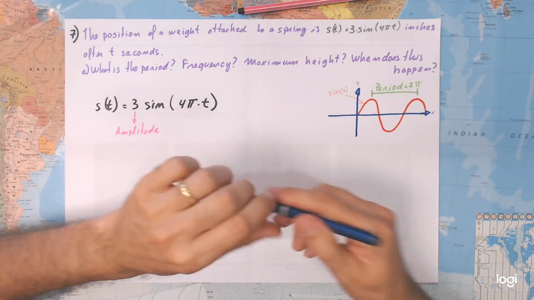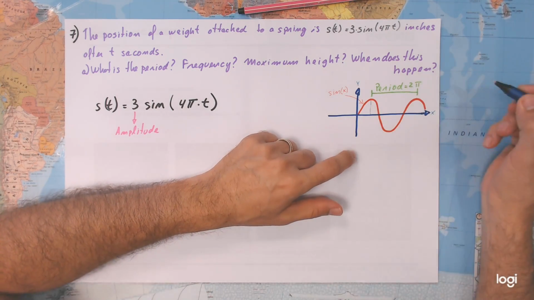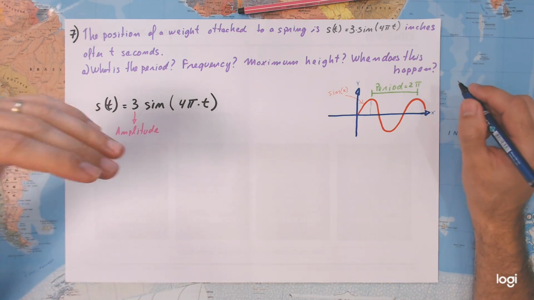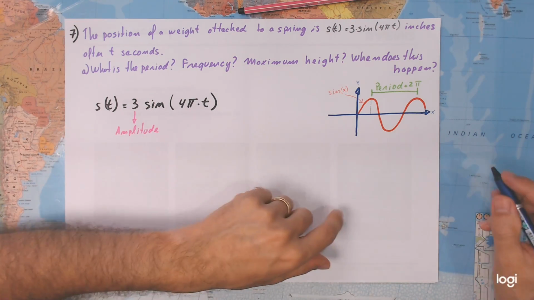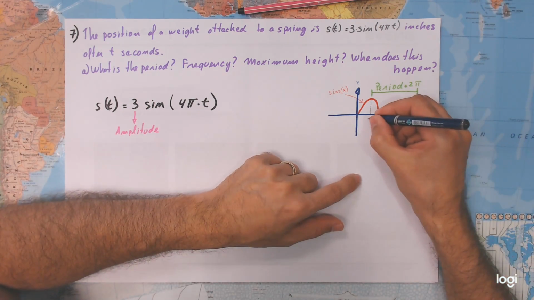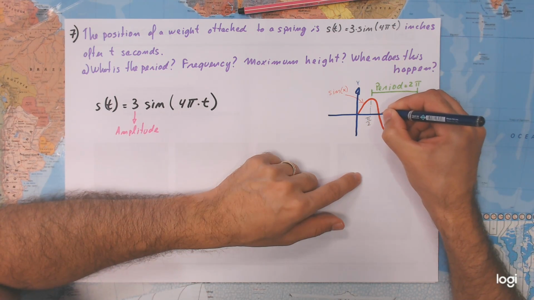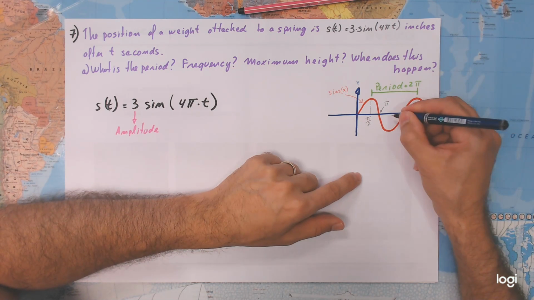Now let's put some tags in here. What is going to be this one? Remember, it goes always from 90 to 90 degrees, okay? So this is going to be pi over 2. This is going to be pi.